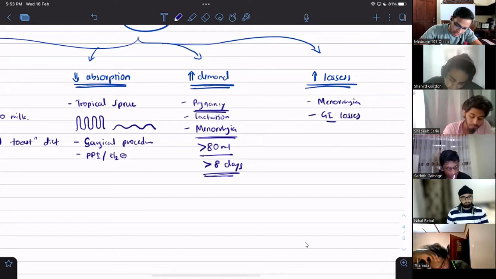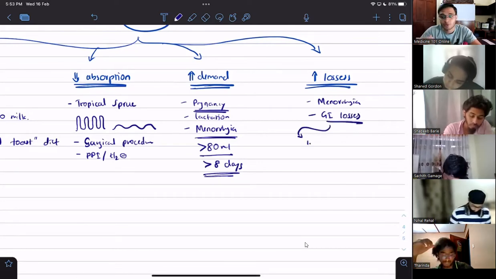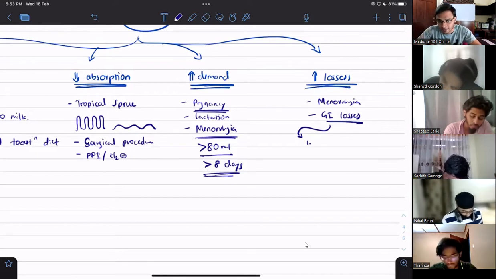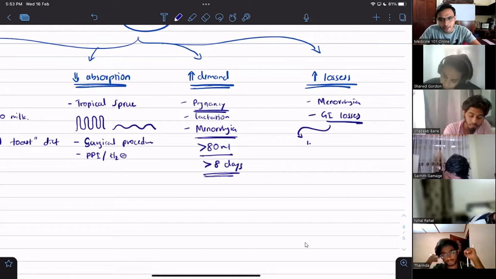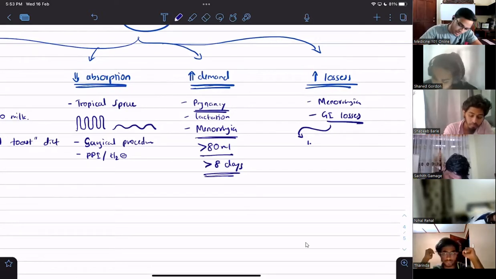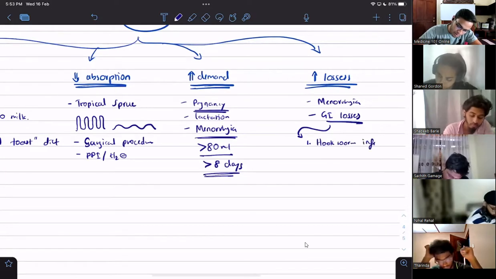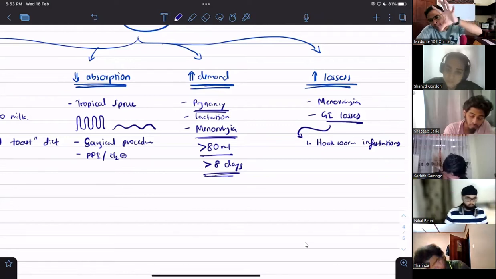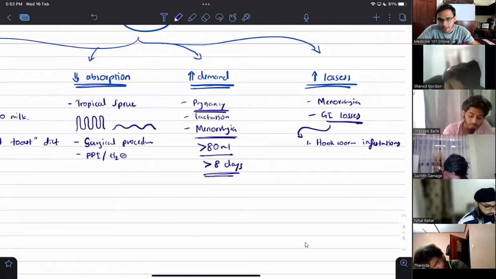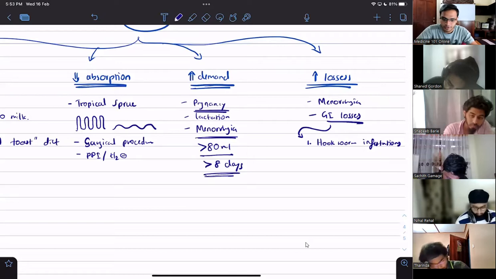What I want you all to know, one of the most important ones, especially in developed countries: iron deficiency is usually in poorer regions, but in developed countries also, they can have it due to hookworm infestations. They cause gastrointestinal bleeding, and therefore loss of blood from the GI tract, and because of that, iron deficiency.